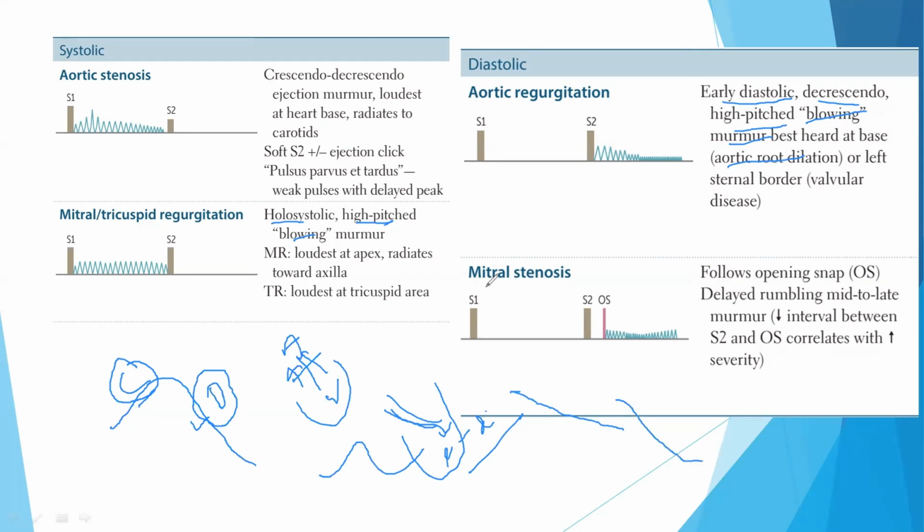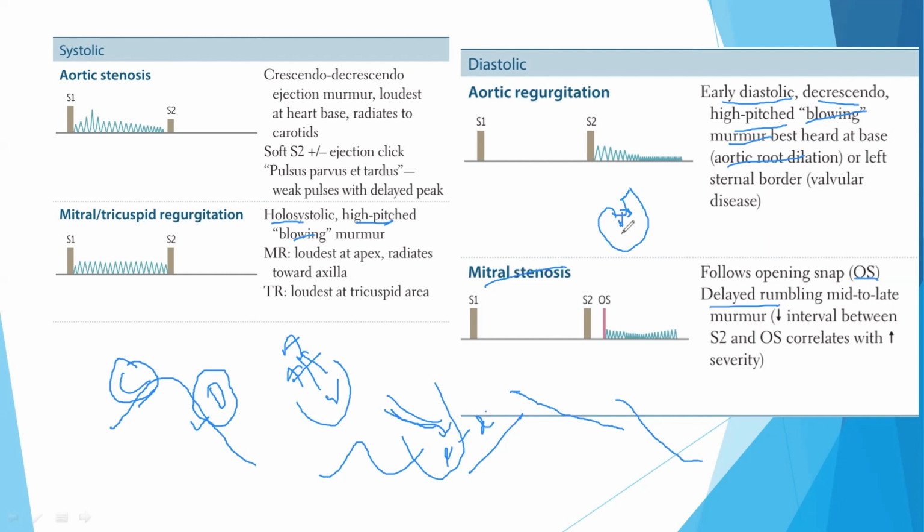Now, in case of mitral stenosis, there is an opening snap before the murmur actually appears. It is because when the mitral valve is narrowed, to open this mitral valve, there is increased left atrial pressure. And when this stiff mitral valve actually opens, there occurs an opening snap. This opening snap also determines the severity of the mitral stenosis.